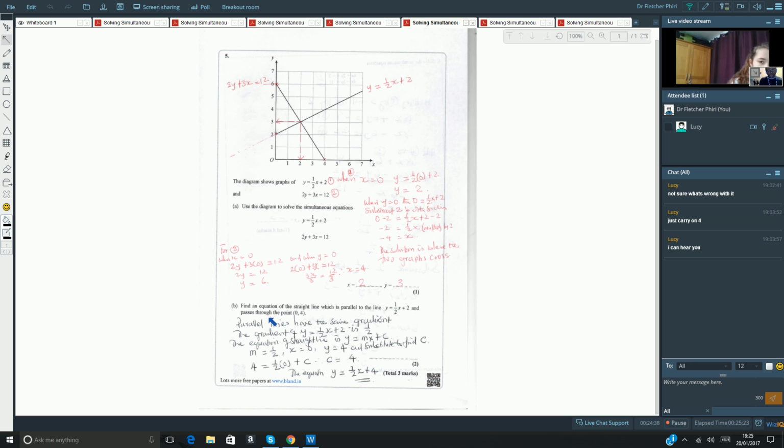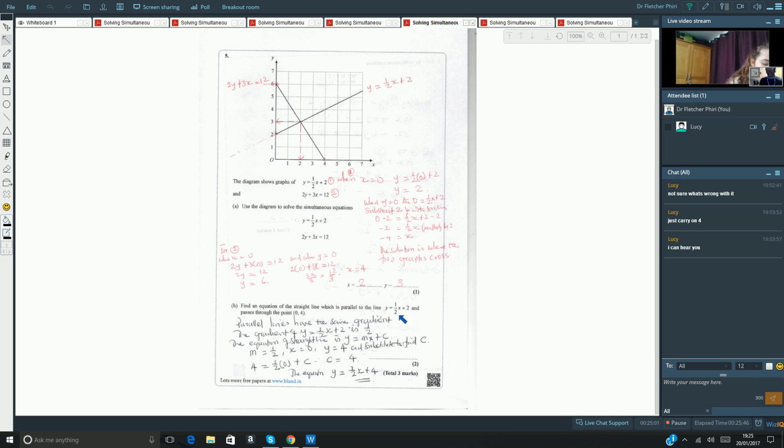Now, when we come to this one here, which is B, the most important thing is to understand the properties of parallel lines and their gradients. In parallel lines, the two lines are going to have the same gradient.